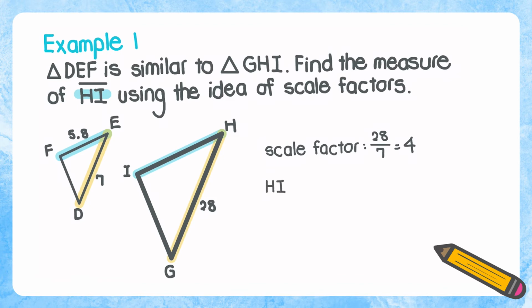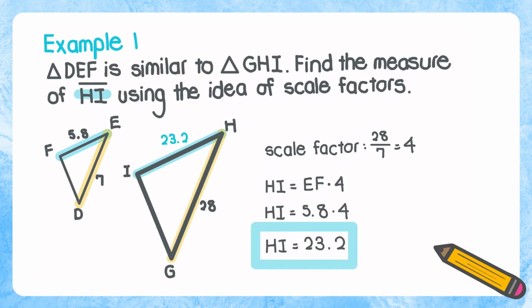So let's use this idea to find the length of side HI. We know that it's going to be the side length of EF times the scale factor 4. We know that the side length of EF is 5.8, so 5.8 times 4. The length of side HI equals 23.2.